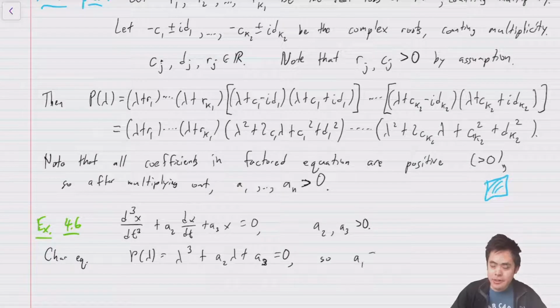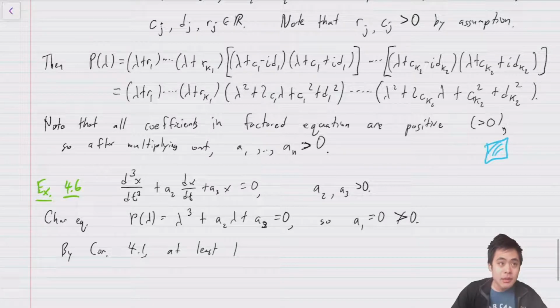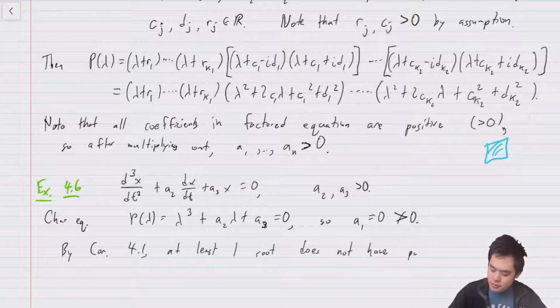So we have a1 equal to 0, which is not greater than 0. So by corollary 4.1, at least one root does not have negative real part.